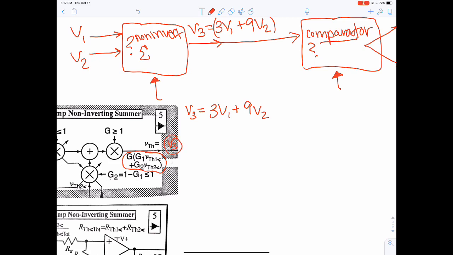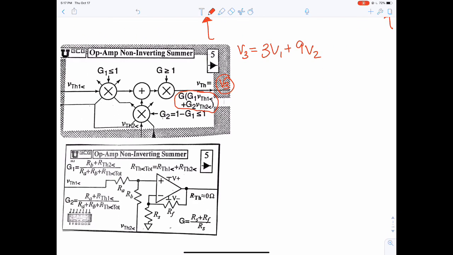This would be our output location, and that would be the same on the other side of the card. If we said that V1 was this first input, that would be on this wire, and V2 would be for this VTH2, so we would have V2 on this wire.